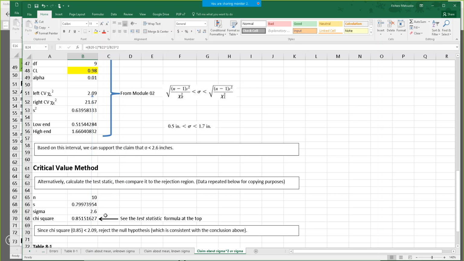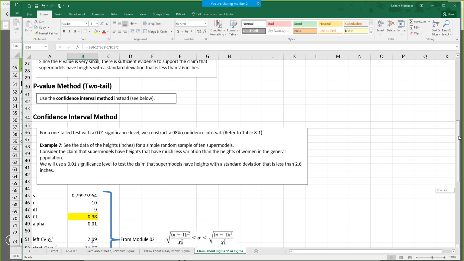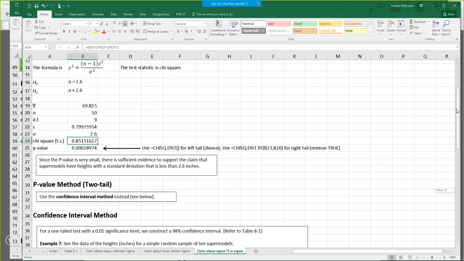So depending on how big the test statistic is, you compare to the left side or to the right side. So this is small, 0.85. That's outside the interval between these two numbers. So this test statistic is in the rejection region. So I'm going to reject the null hypothesis, which is consistent with the other conclusions. Okay. So no matter which method you use, you should come to the same conclusion.